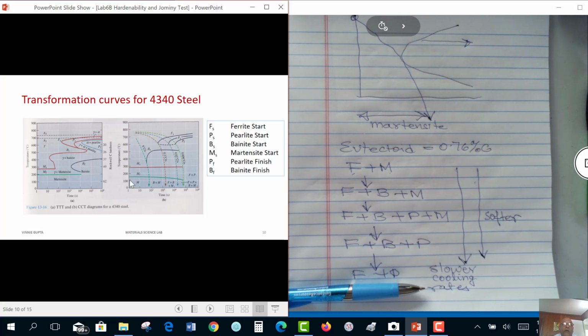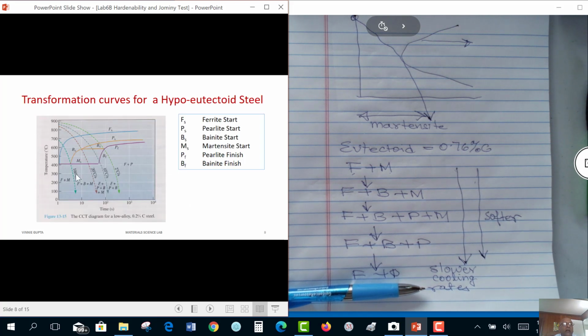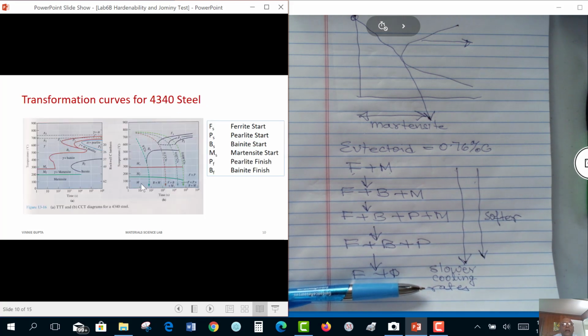So you can see we can form martensite to great depth. Notice this compared to here, where we could not form 100% martensite at all, right? Plain carbon steel. So this is an example of a high hardenability steel.